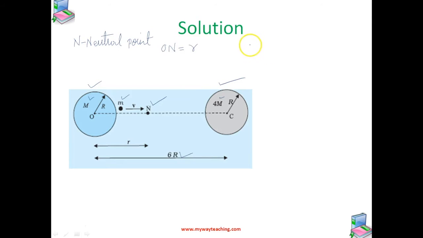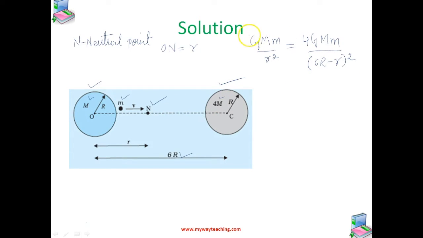In that case we can write GMm by r square is equal to 4GMm by (6r minus r) the whole square. The gravitational force due to the first one, the mass m and the small mass m, and the distance between this neutral point and this O is r. In the second case, the mass is 4m, so 4GM and this mass m, and the distance between this neutral point and this C is given by 6r minus r.